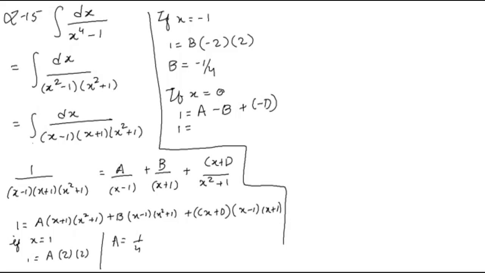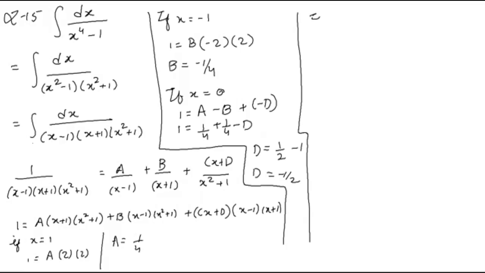So 1 is equal to, I have the value of a, I have the value of b, minus minus will give me plus. So d is equal to 1 by 2 minus 1, which will give minus 1 by 2.